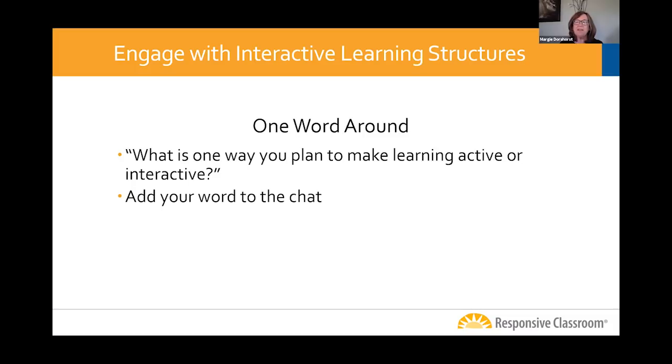When we're all responsible, we could see those ideas grow. And I noticed that some people maybe had the same words when they're doing one word around. Just like when we do sharing, that shows that many of you might have some of the same ideas or same activities. One word around is another interactive learning structure that you can build into your repertoire of engaging academic strategies.